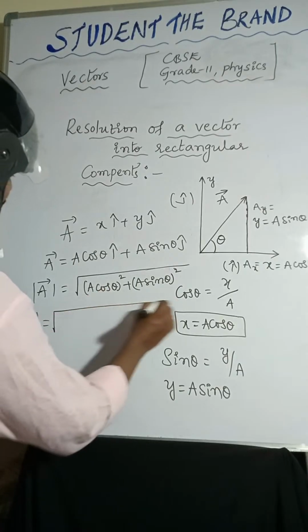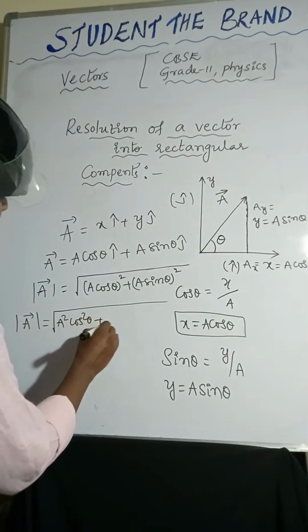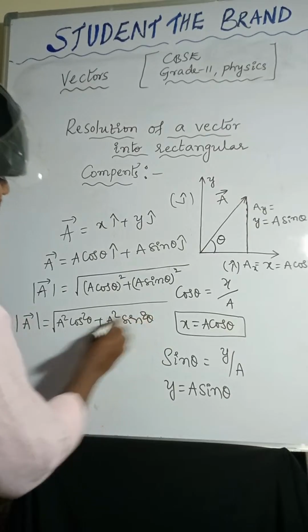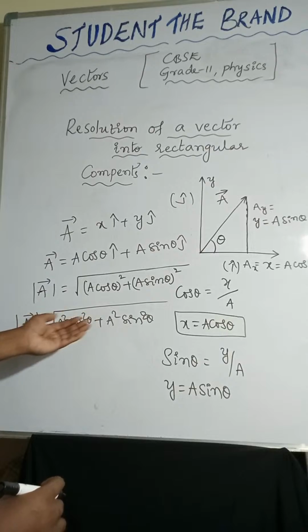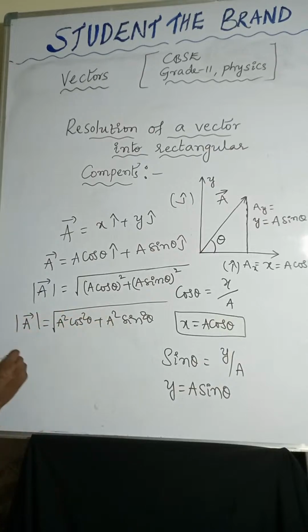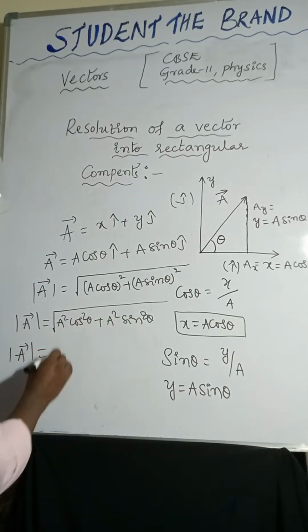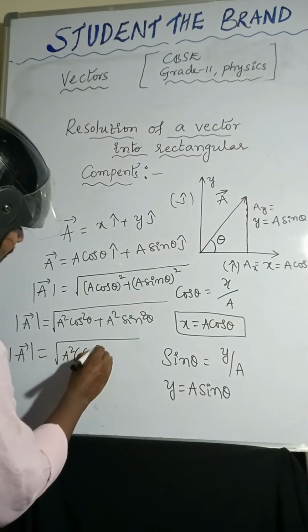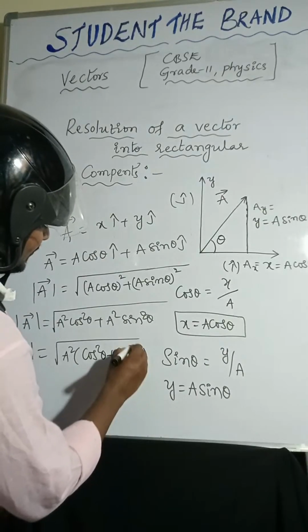So root over a square cos square theta plus a square sin square theta. Here we can take a square common. So magnitude of a bar equals root over a square times cos square theta plus sin square theta.